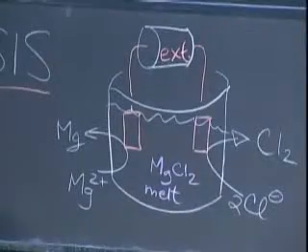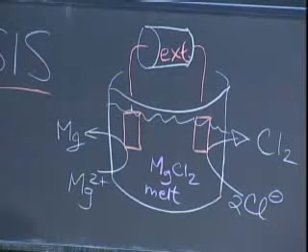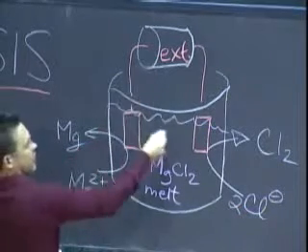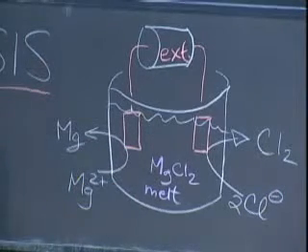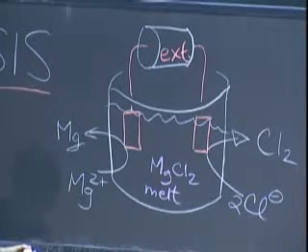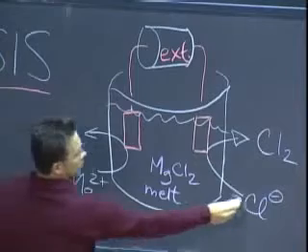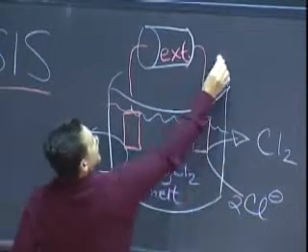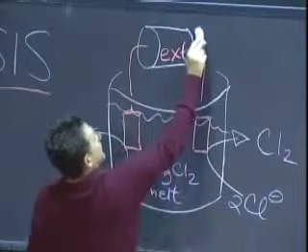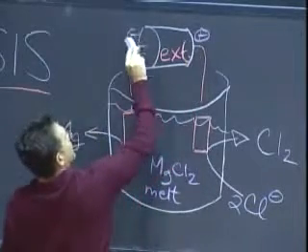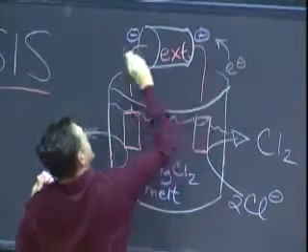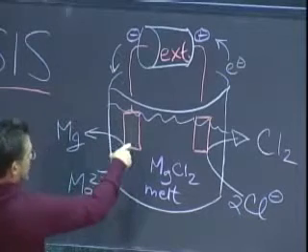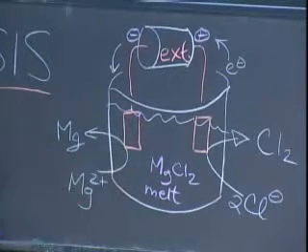So you initially would have this molten salt. You'd immerse your two electrodes. You'd apply an external potential, and if that potential is great enough, then these two reactions start taking place at the two electrodes. And you can see that in order for this to happen, chloride is being oxidized, and so we can see then that this must be the source of the positive electrode, and electrons will be going this way and going down here, and when they collect in this electrode on the left, they are used to reduce magnesium 2+ to liquid magnesium.